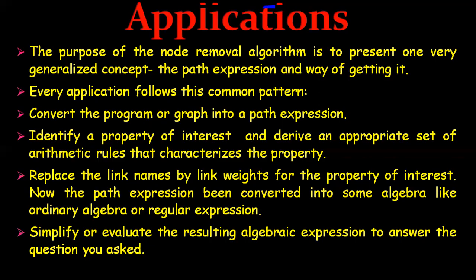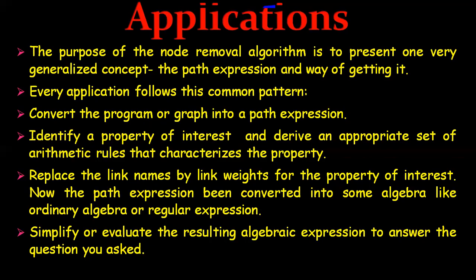For the property of interest, we replace the link names with link weights. The path expression is then converted to an expression in some algebra, such as ordinary algebra with regular expressions, or Boolean algebra.